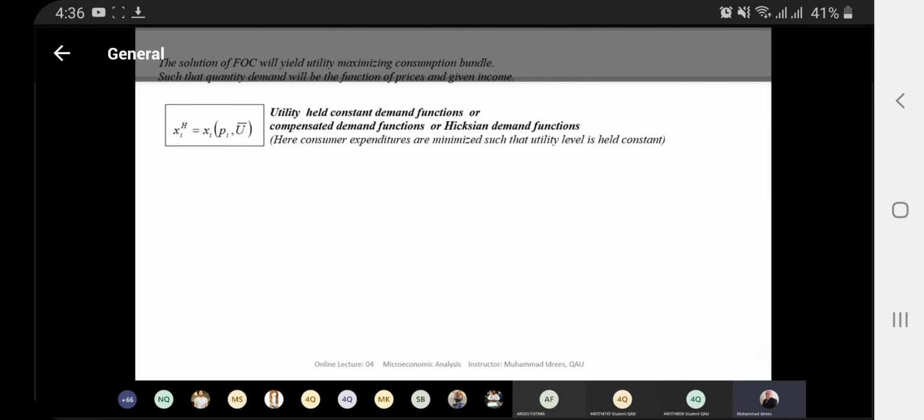In Marshallian demand we gave different names. One of the names was money income held constant demand function, because in that case your income was held constant, and here your utility is held constant. So these are also known as utility held constant demand functions.